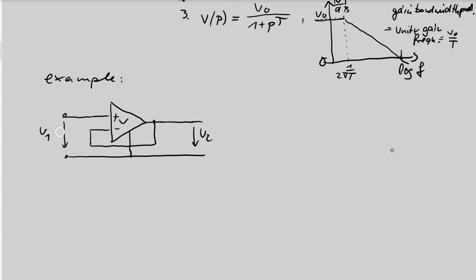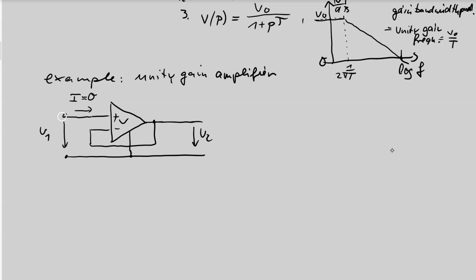Maybe you know this typical circuit: if the output is directly connected to the negative input pin, this is a unity gain amplifier. In other words, the gain is 1, but the input current is very small, nearly 0.